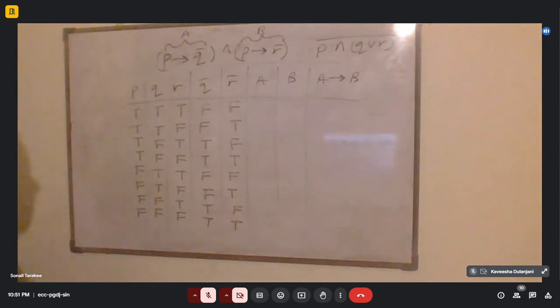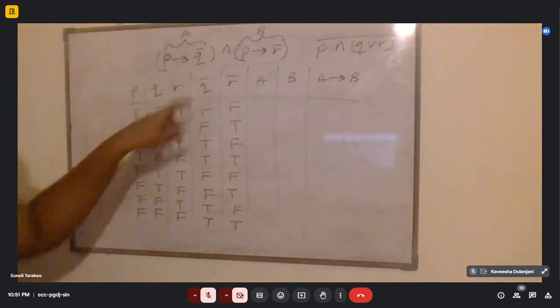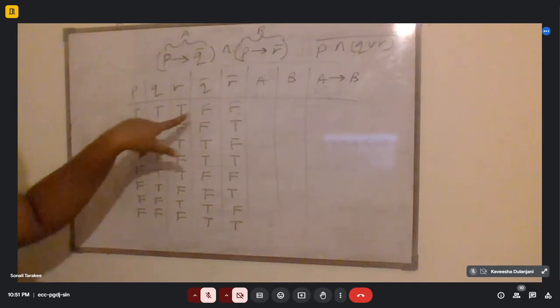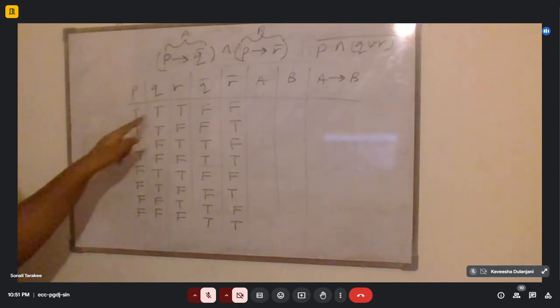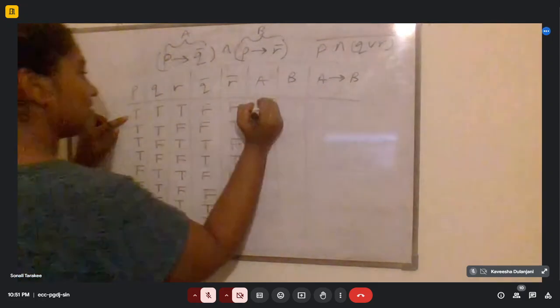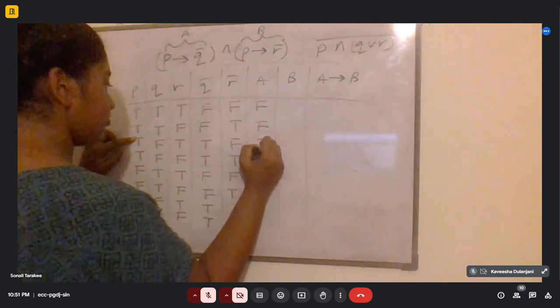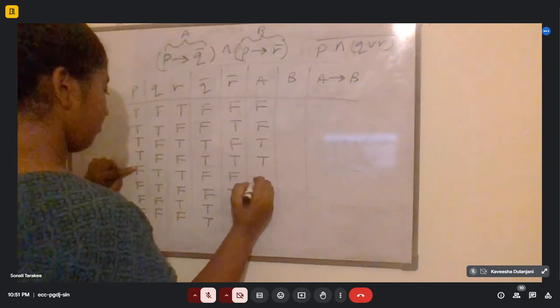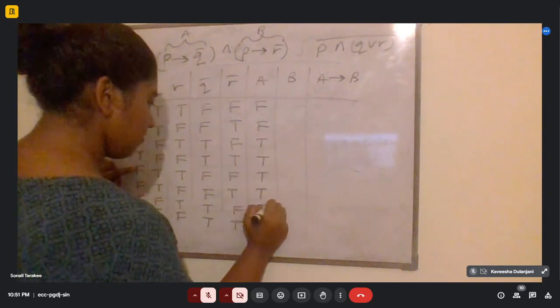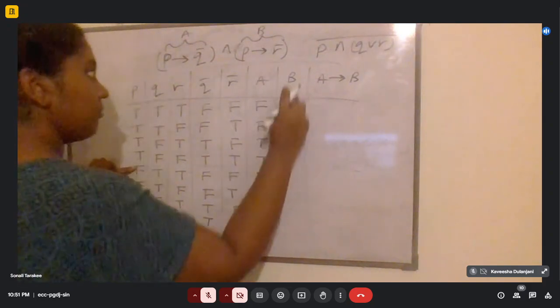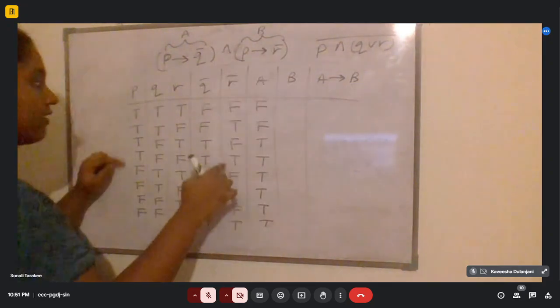R bar means like this. Now A means P goes to Q bar. This one and this one. So true goes to false is false. True goes to true, true. True. These are all true. B, P goes to R bar.